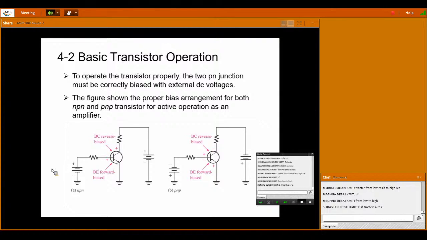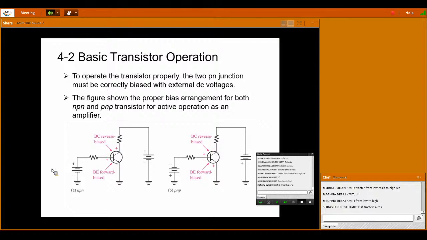In order to operate a transistor in the active region, note that we have three terminals, and actually four regions of operation, and the last region we are not going to utilize, so we are not going to consider that.